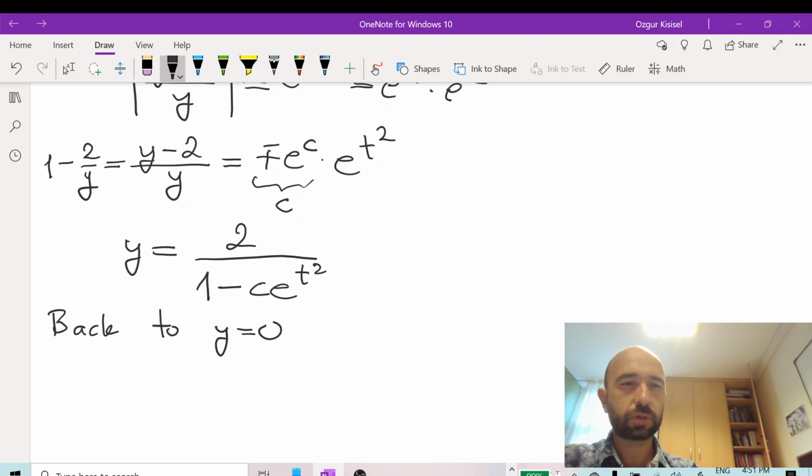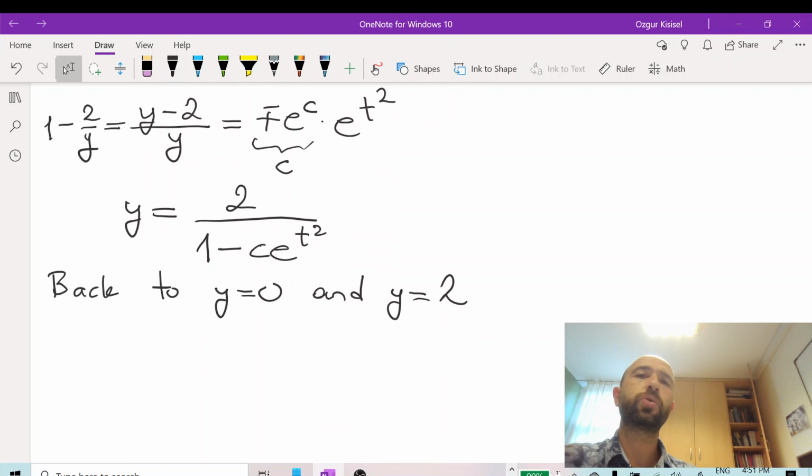Let's go back to y equals 0 and y equals 2. So these were some values which we kept aside and which we said we should look at them once again. Now, y equals 0, the constant function, is that a solution of the differential equation? Well, plug it in the differential equation and check.